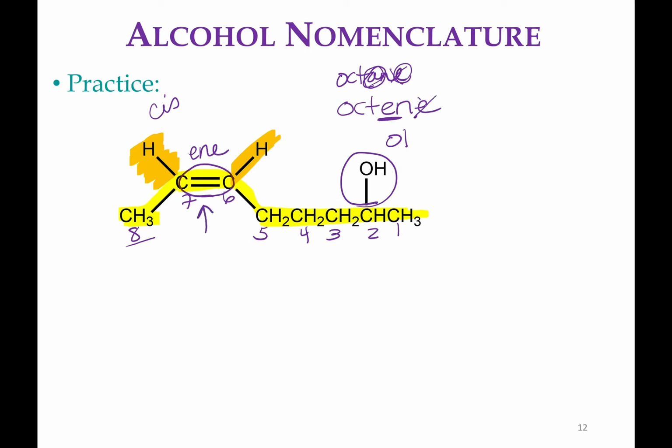Octene, we drop this E and add the -ol for the alcohol. So how do we do that when we have two different things that are changing the ending? So it's kind of weird. We actually put the number between the N and the O. We're going to put the number 2 there. Octen-2-ol. And then we'll put the number 6 beforehand. So 6-octen-2-ol.